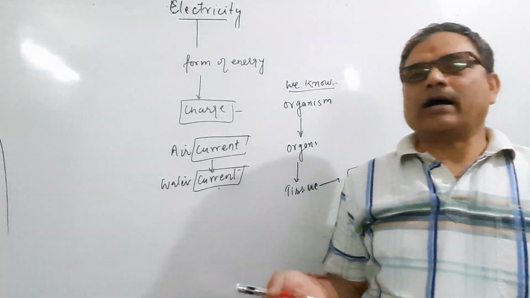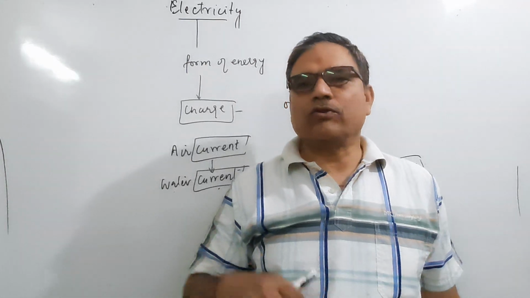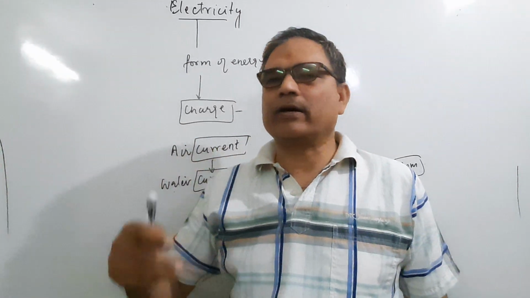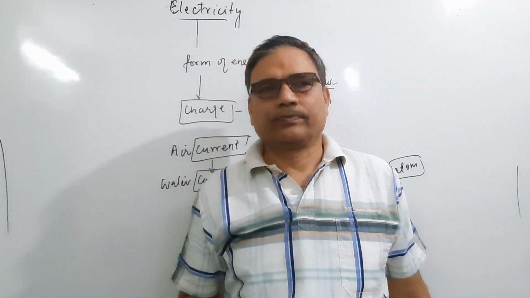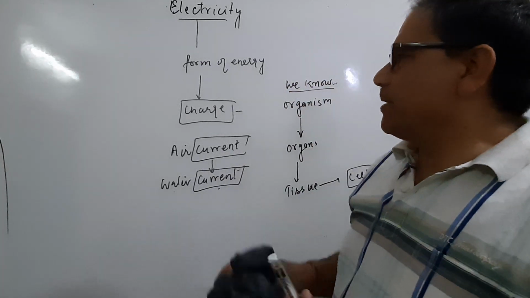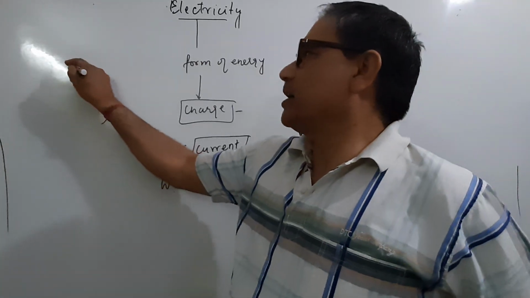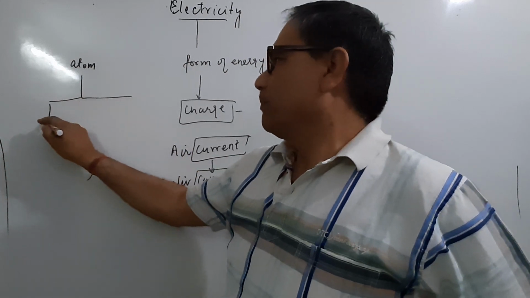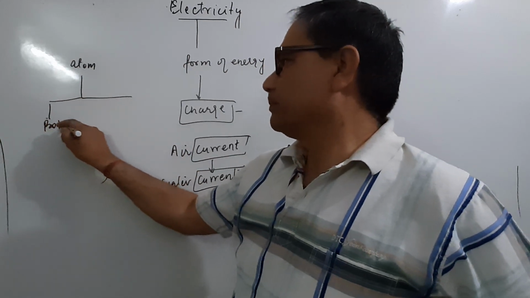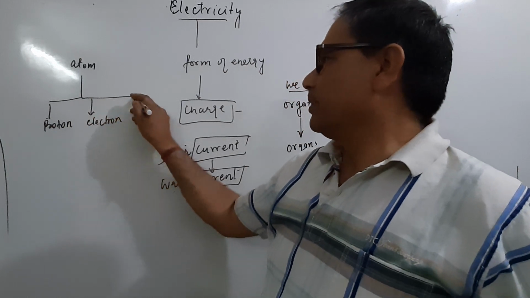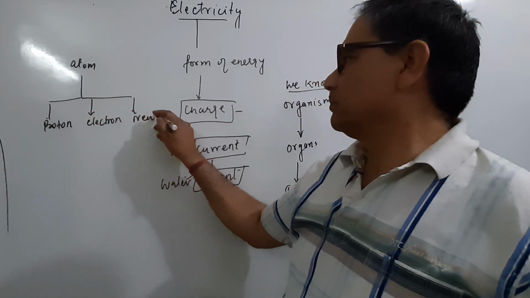And we know the atom can further divide, but generally we say that the atom is an indivisible particle. But an atom can further divide, and it contains subatomic parts. First is proton, second is electron, and third is neutron.